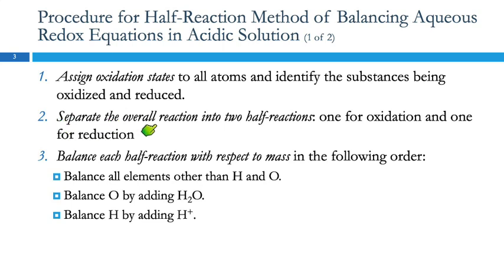We're going to separate the overall reaction into two half reactions. One will be for oxidation, one will be for reduction. A homework problem might ask you to identify which is which, but you don't need to in order to balance the equation. Then we balance each half reaction with respect to mass.